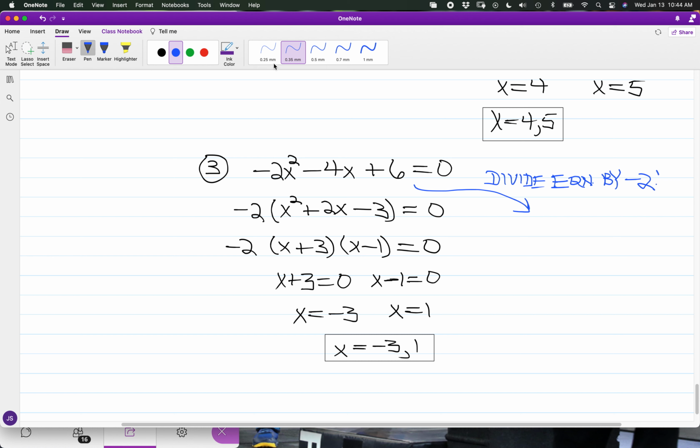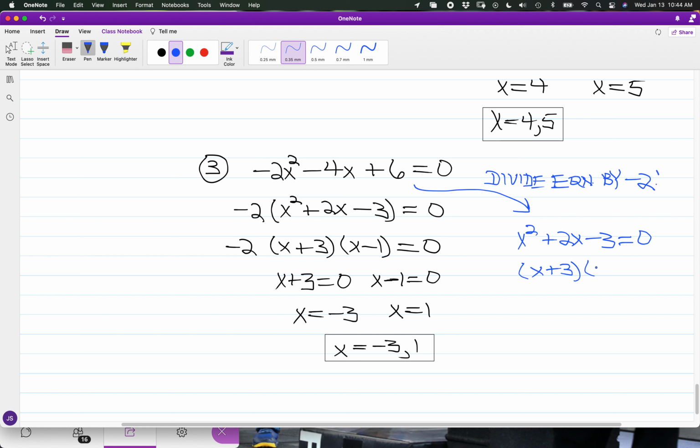So with this pathway, if I divide by negative 2, I get x squared plus 2x minus 3 is equal to 0. And if you divide as opposed to factoring out, you're still going to have the same pathway.